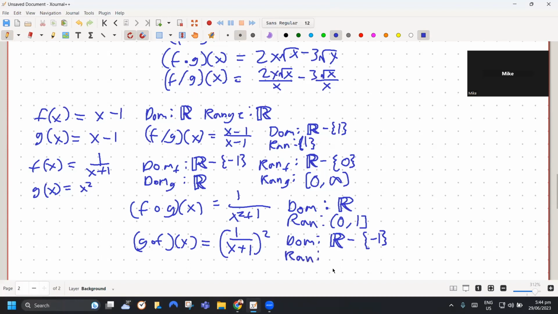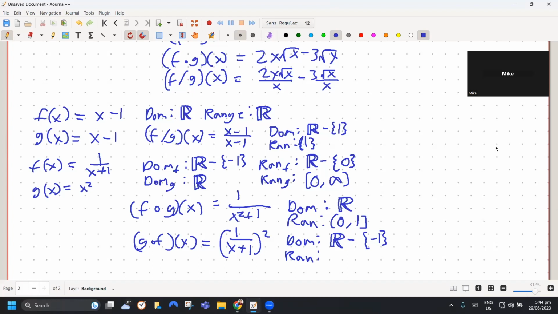-1, no? Ngayon, check natin, no? Wait, kailangan natin i-check kung if we start, are there points in this domain na hindi i-map. So, okay, pwede kasi lahat ng yung range ng F nasa loob ng domain ng G. So, kung ano man yung result ng f of x, pag ipapasok natin sa function g, will give us another value.